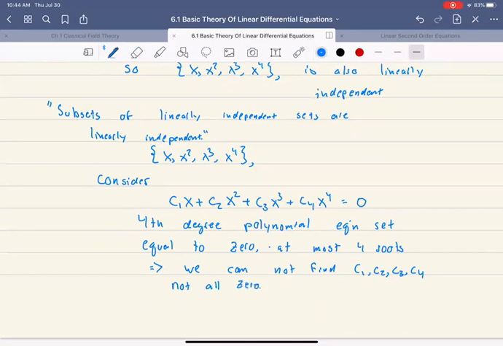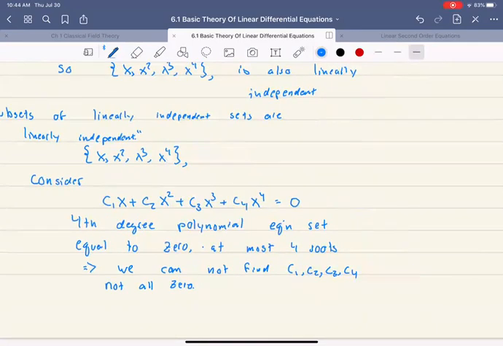Another way to think about it is, let's say that we just had c0 plus c1 x. If you just had that, the only way that that's going to equal 0 is if x equals negative c0 over c1, right?